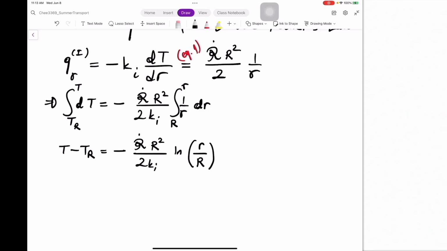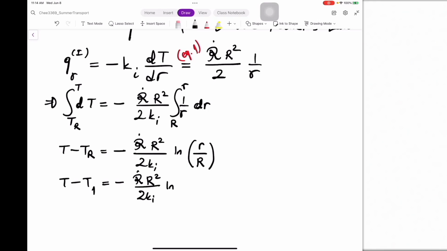Okay, so you can also use the R1 as well. You can say t minus t1 is equal to, because if you take the integral from t1 to t instead of tr to t, you would get a similar formula. 2ki.